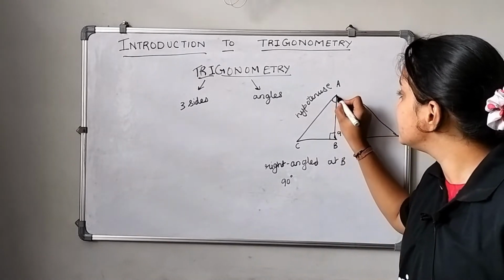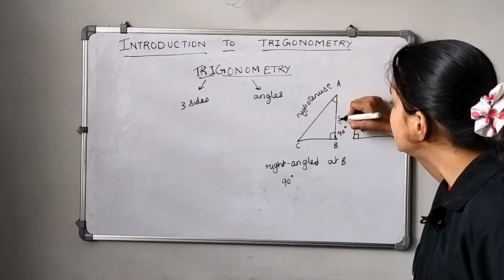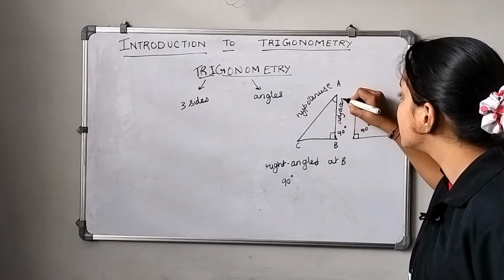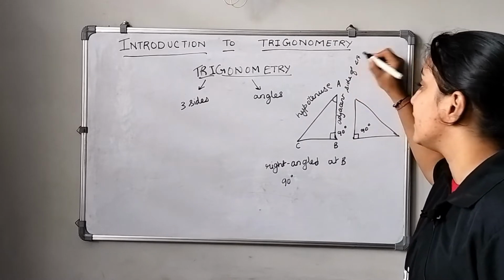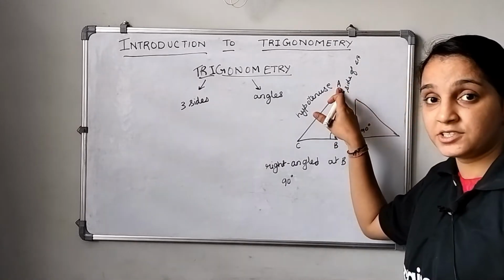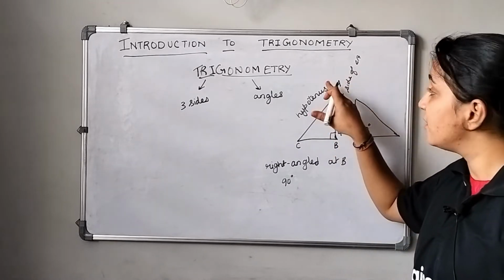This is called the adjacent side of angle A, because we are taking in consideration angle A.